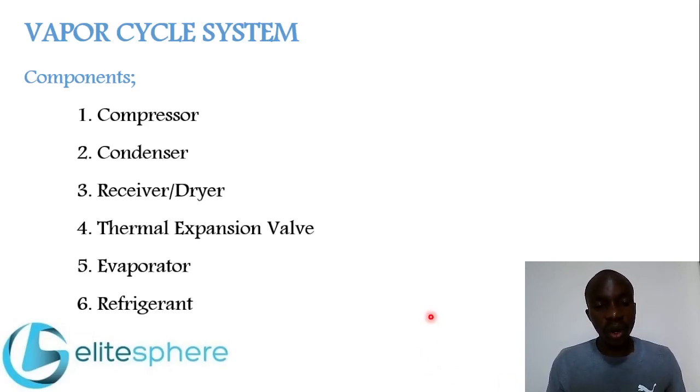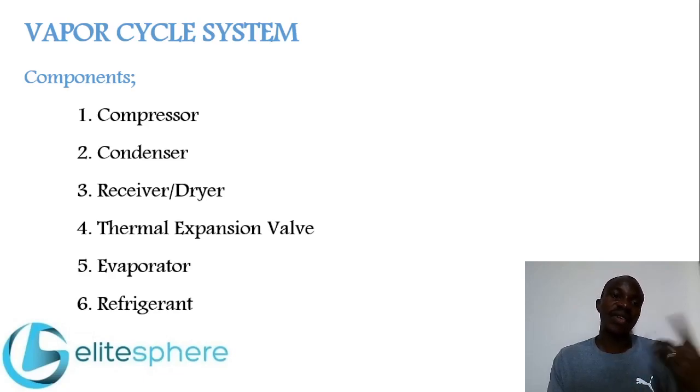So the compressor, you start with the compressor. The compressor pulls gas, basically a low pressure gas from the evaporator, and as the compressor pulls this gas, it compresses it. As it compresses this gas, the pressure and the temperature of the gas rise inside the compressor by the action of compression.